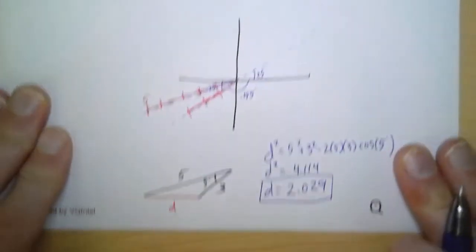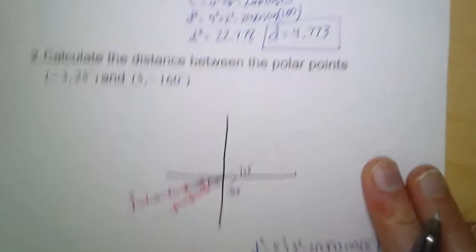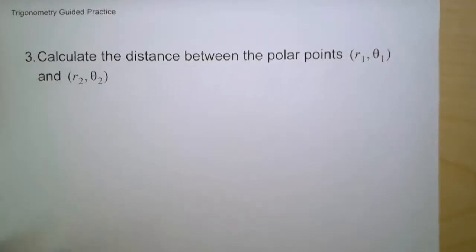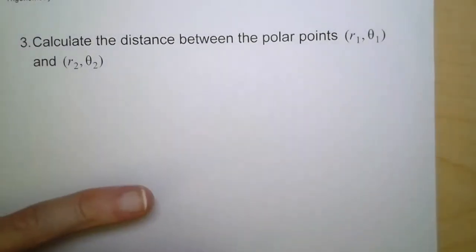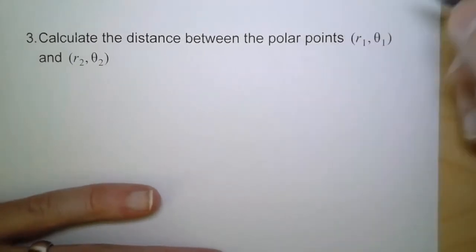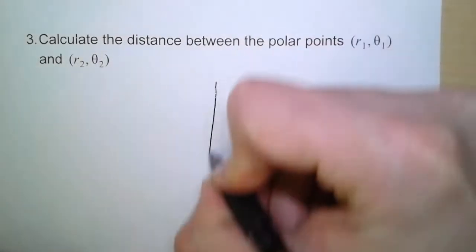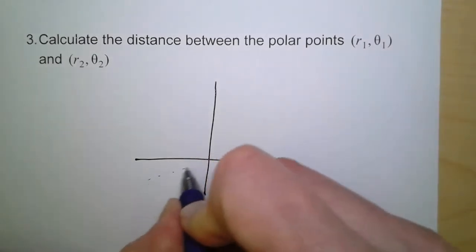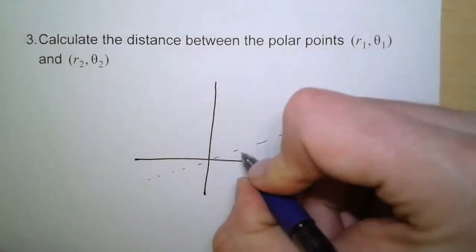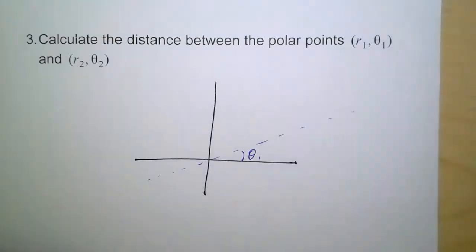All right. So now, on the other side, we're asking, what is the distance when we have these two? Now, this is really vague because we just have unknown coordinates. So, let's try and plot them. So let's say that theta 1 is right here, theta 1.